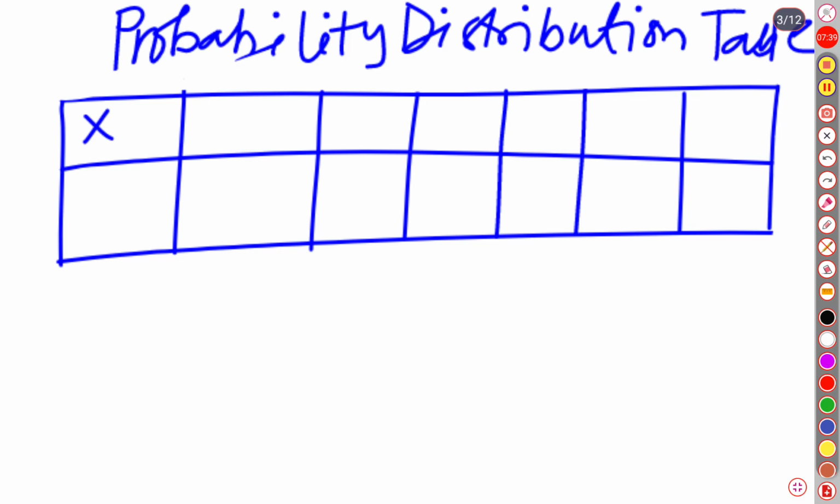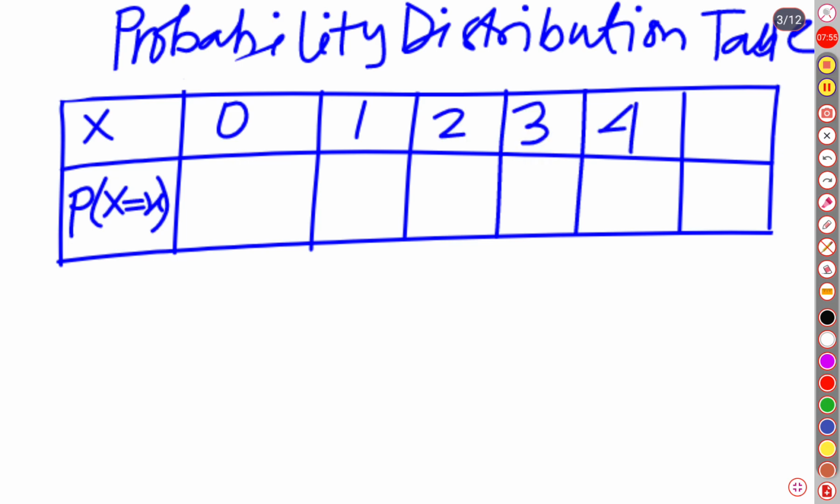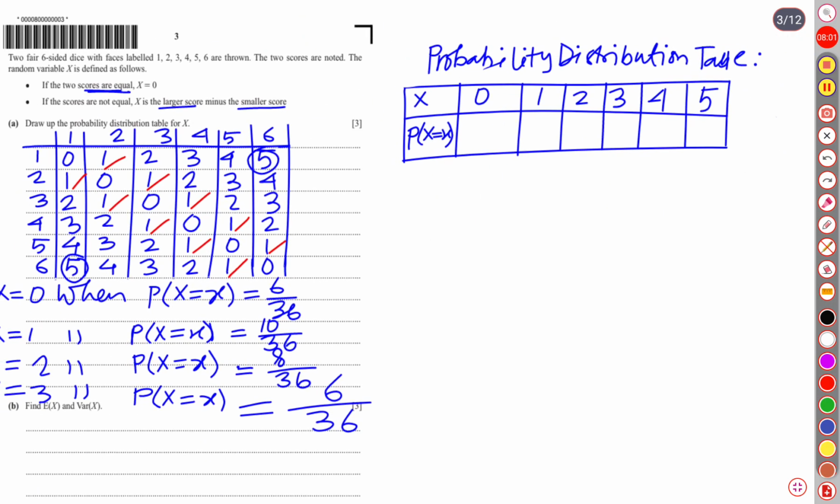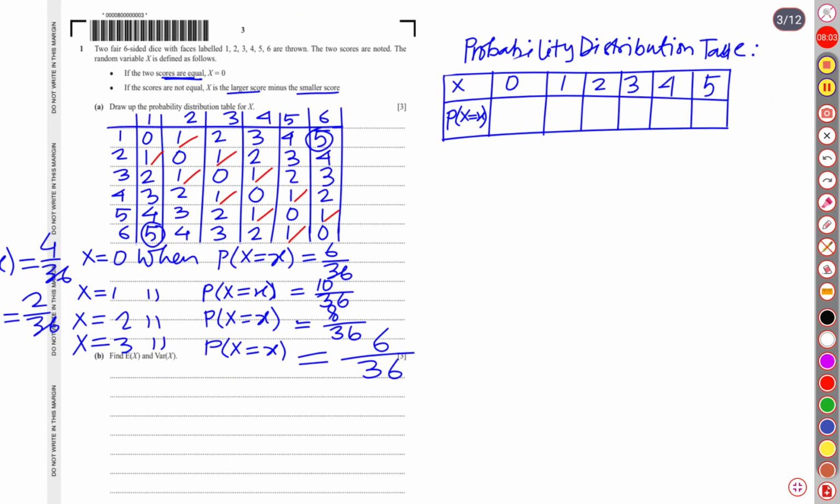On the upper box x, and it is x equal to lowercase x. What are the numbers? X takes the values of 0, 1, 2, 3, 4 as well as 5. For the first one, let us go back to our probability. When x is 0, our probability is 6 over 36.